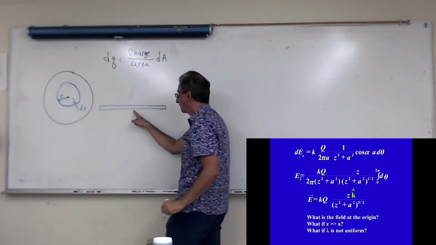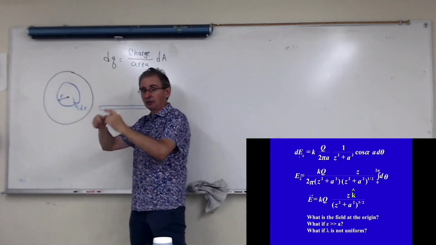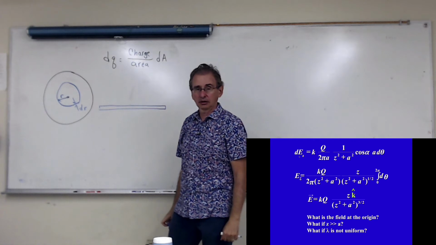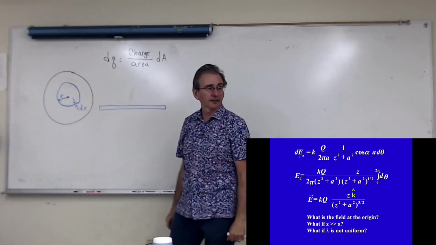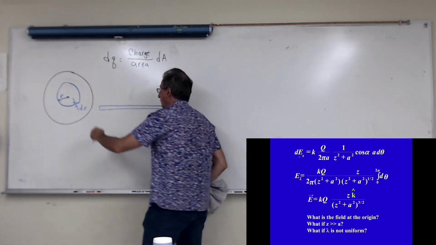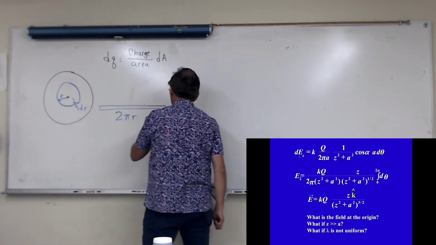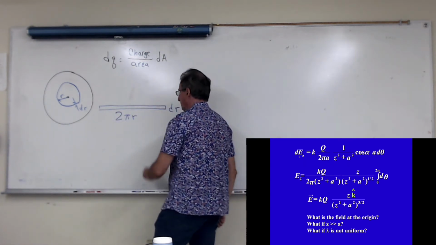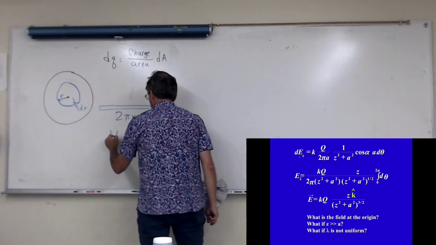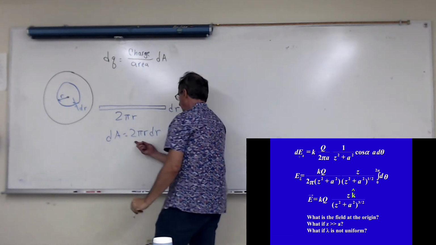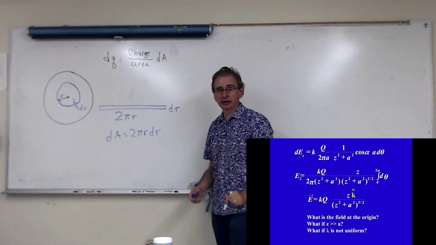What would be the length of that piece if I cut this all the way out and made it straight? Well, it would be the circumference of this circle. Its thickness is dr. Area is length times width. Notice if you integrate this with respect to r, you get pi r squared.